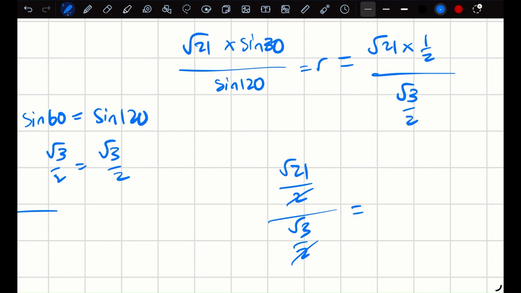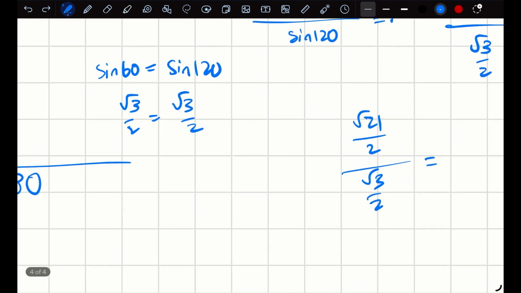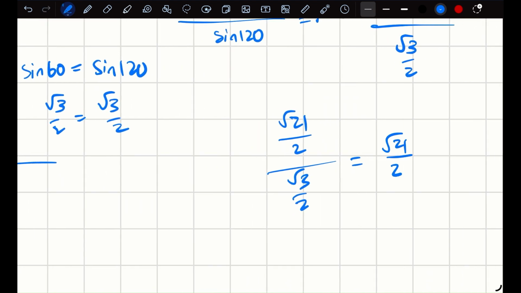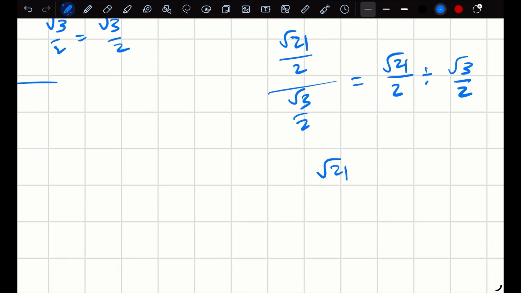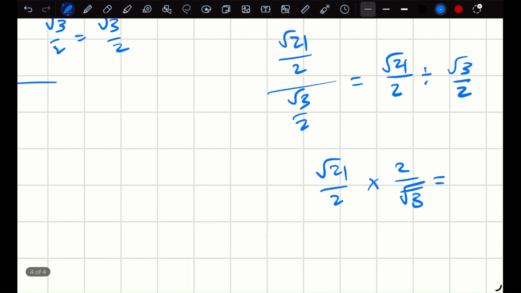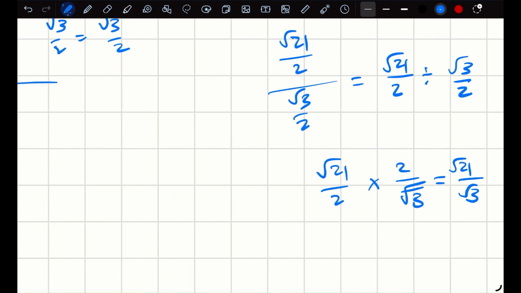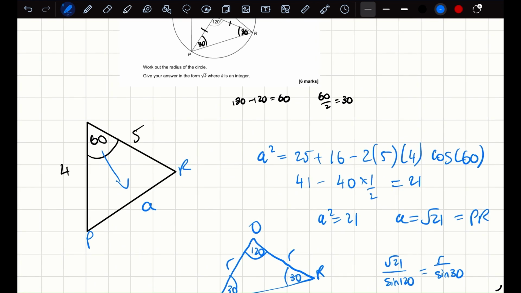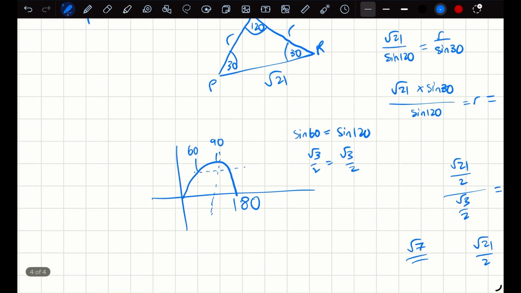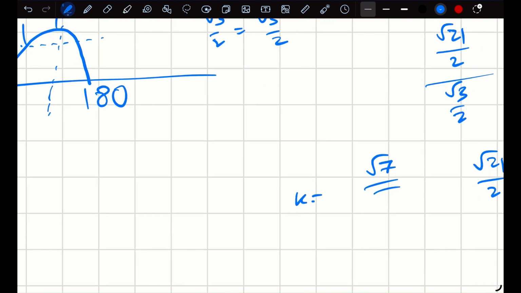But if this is still complicated for you, what you can do is write it out like this, and then solve root 21 over 2 times, keep, change, flip, so 2 over square root 3, which is equal to square root 21 over square root 3, which is equal to square root of 7, which is in the format they asked for. They asked for square root k, where k is an integer, and k is equal to 7 for us. So our radius is equal to square root 7.